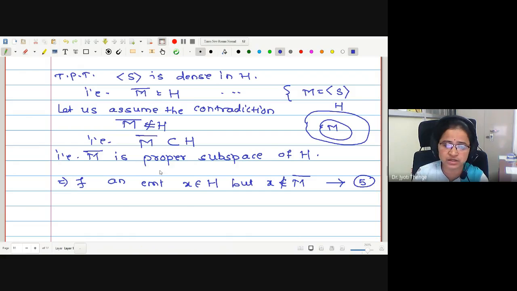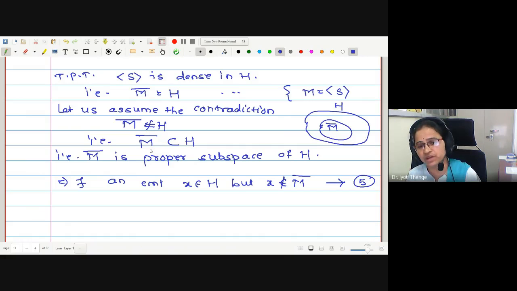Now, as M bar is a proper subspace of H, we will use the orthogonal decomposition theorem. What does the orthogonal decomposition theorem say? Whenever we have a proper subspace of a Hilbert space, then H can be factorized into two parts: one is M bar, the other is M bar's orthogonal complement, right?